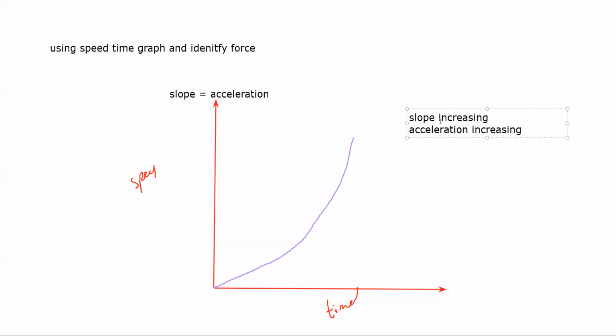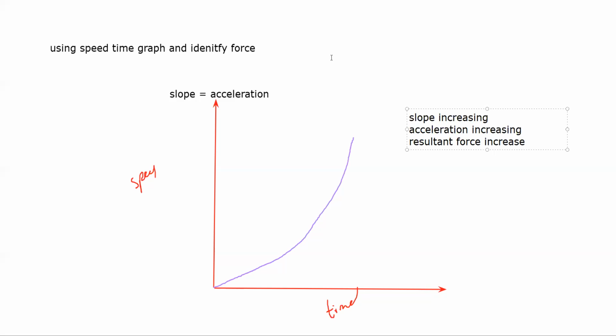And I told you that what happens to acceleration is the same thing that happens to resultant force. So what happened to resultant force? The resultant force will also increase. So acceleration and resultant force are directly proportional.